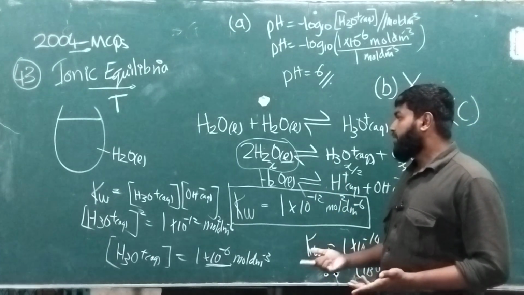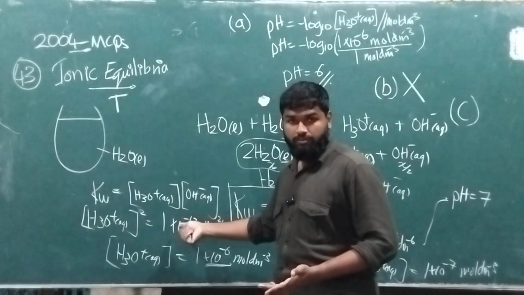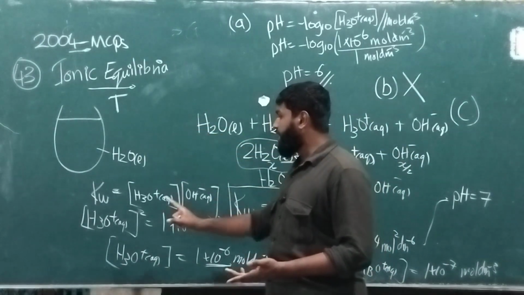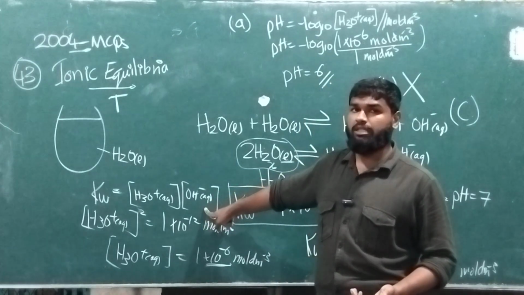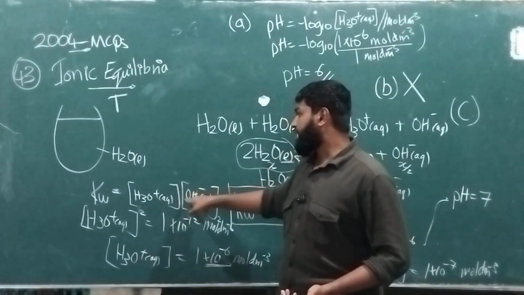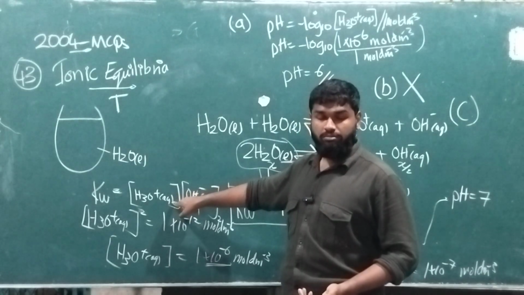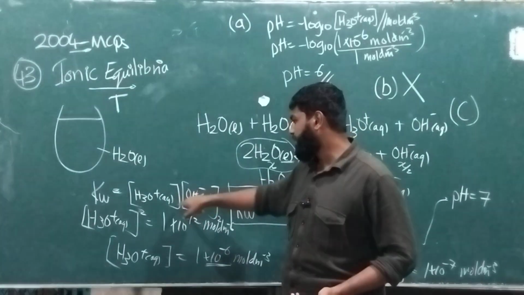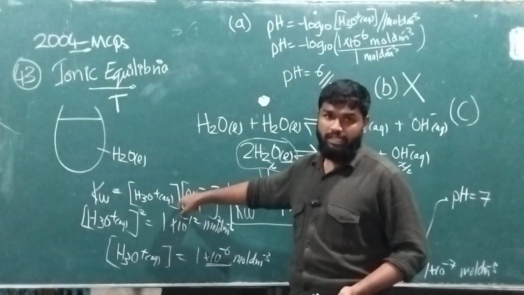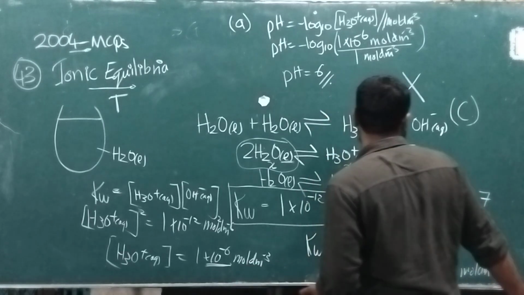All those release partially. So that may affect the concentration of H3O plus and OH minus, and their concentrations cannot be equal. But here both of their concentrations are the same. So this statement is wrong.